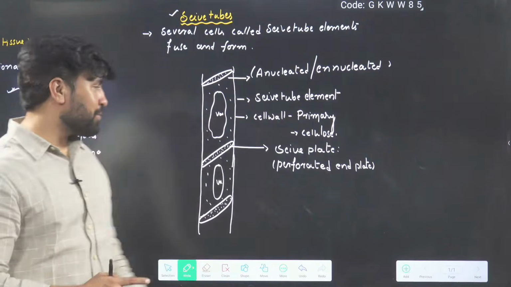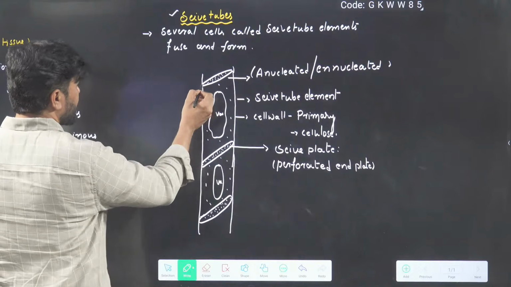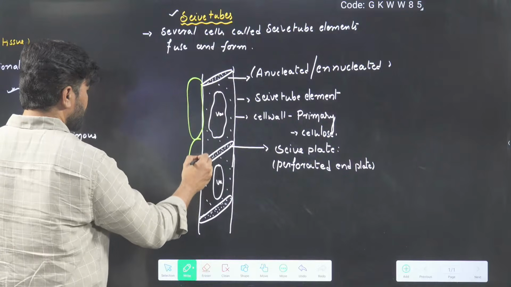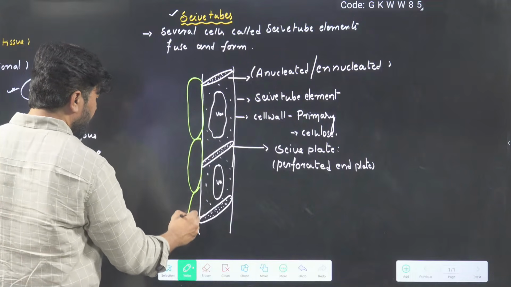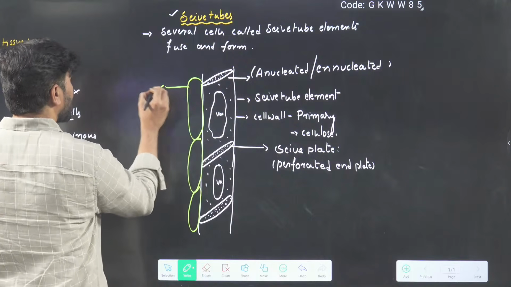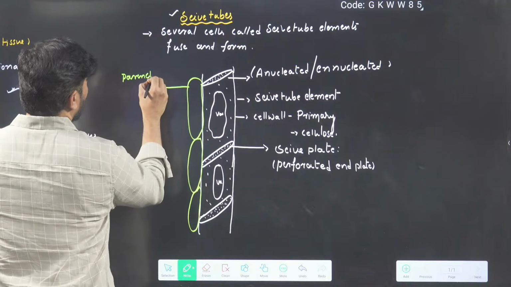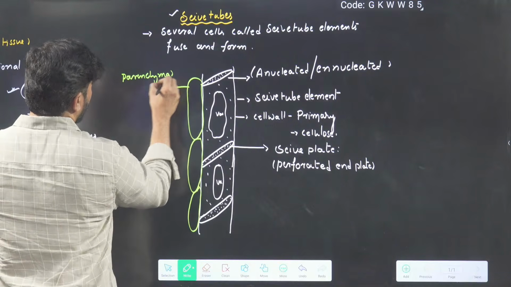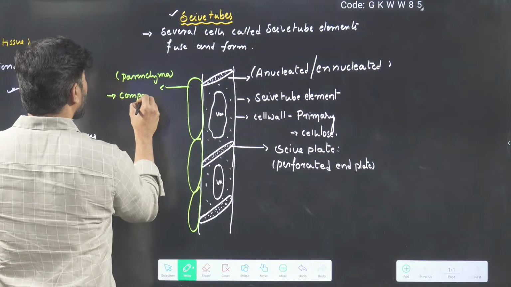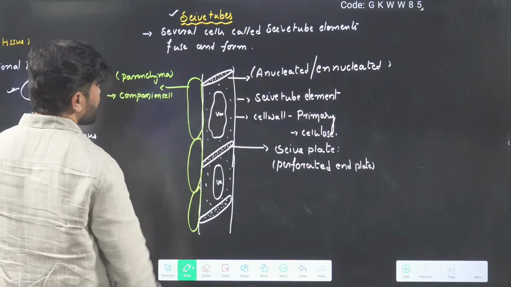That something else is nothing but companion cells. Observe closely. There are some special parenchymatous cells associated all along the length of sieve tubes. These special parenchymatous cells are technically known as companion cells. They are companion to whom? They are companion to sieve tubes.